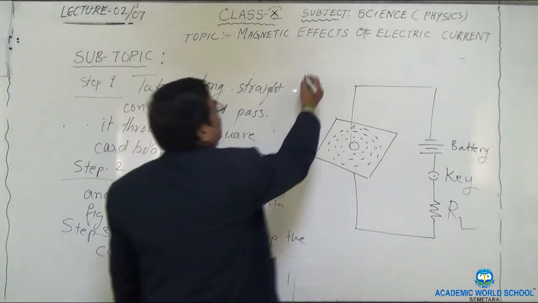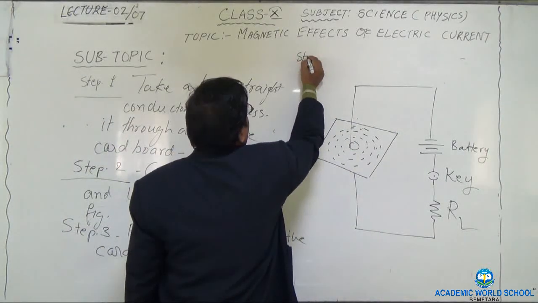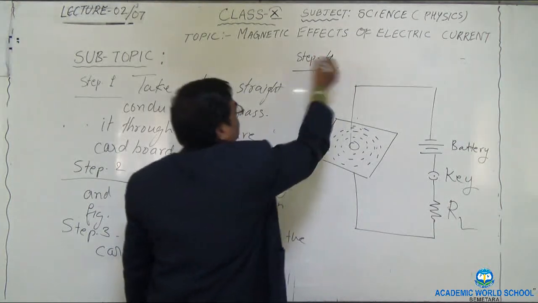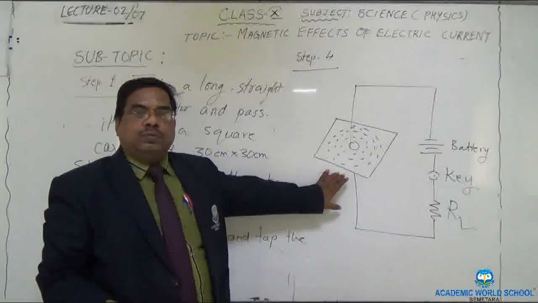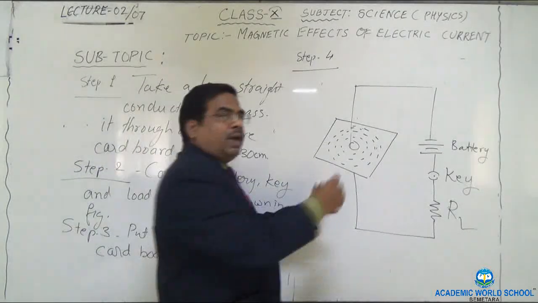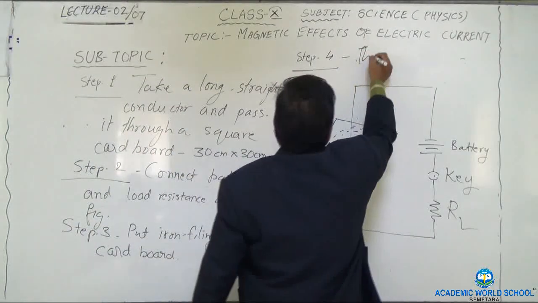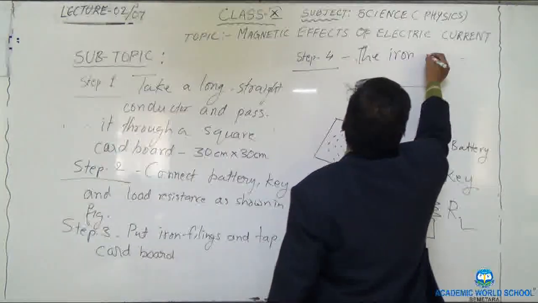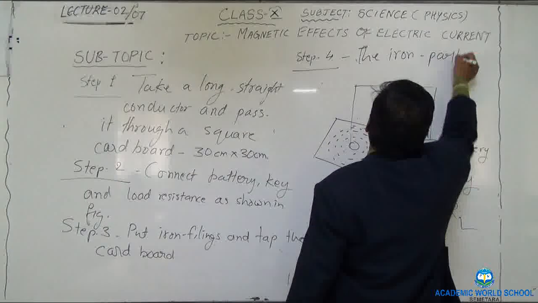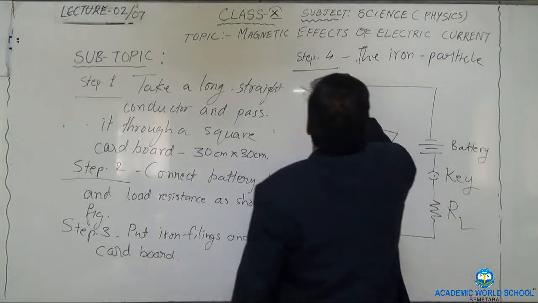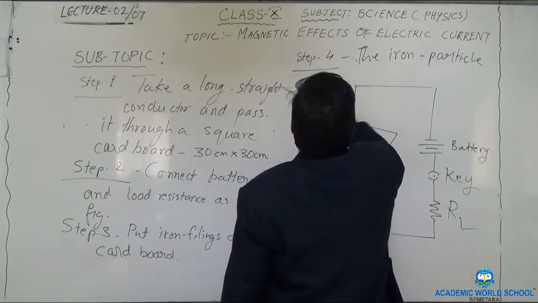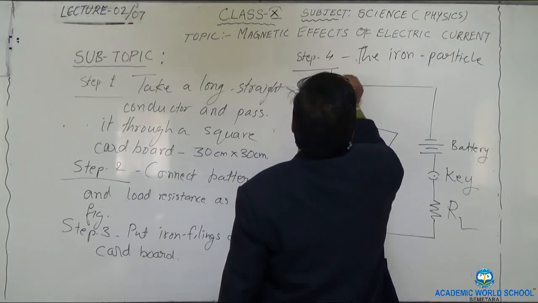So the last step, step number 4. The iron particles show the shape of the magnetic field.